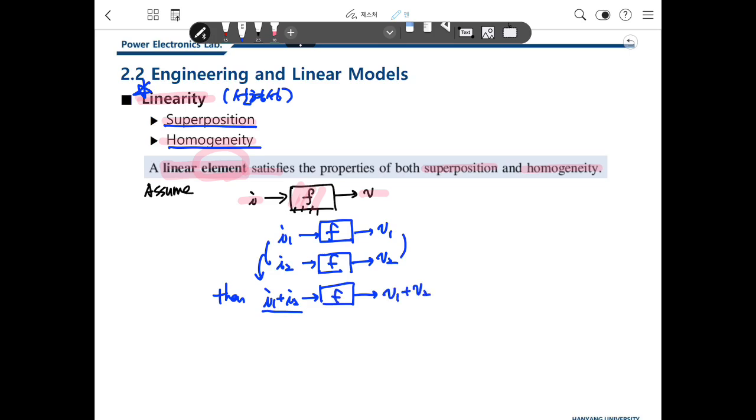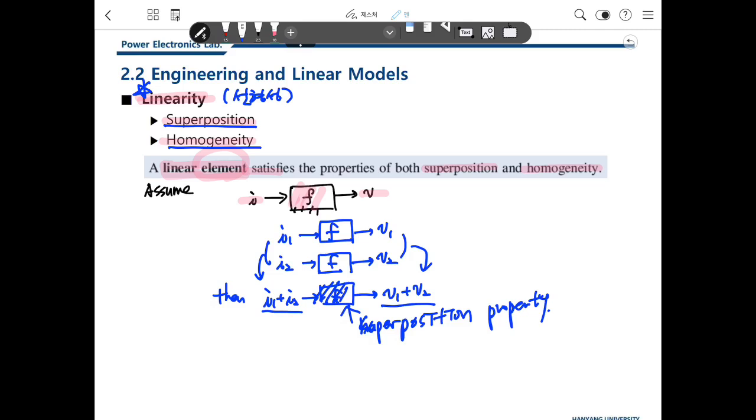Then that result is the same as that. Then you can say F is superposition. The F system satisfies the superposition property.